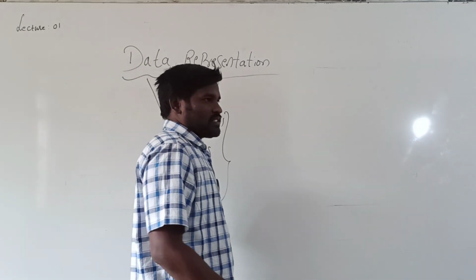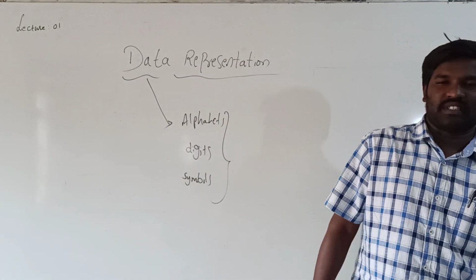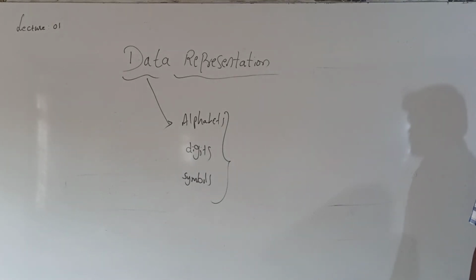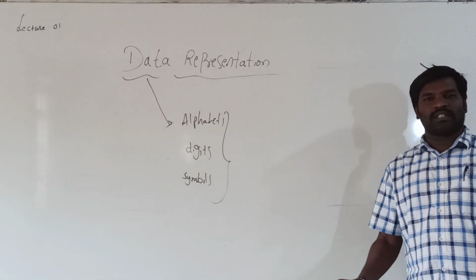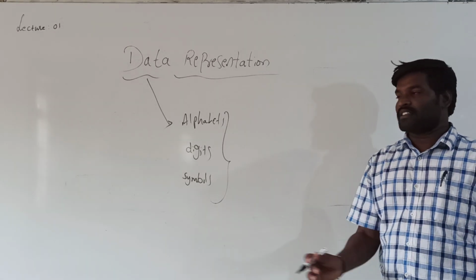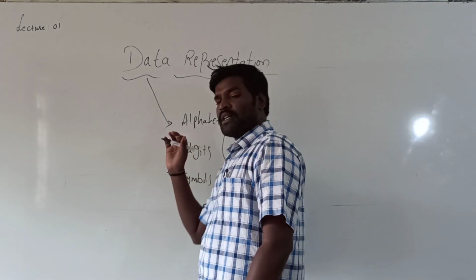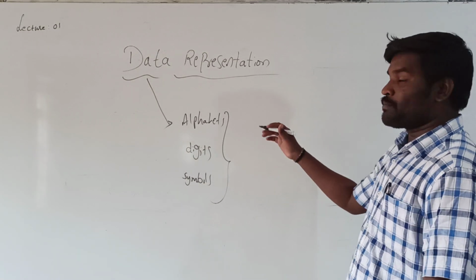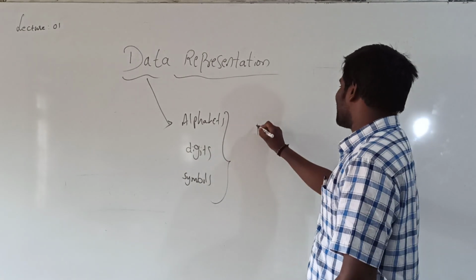The data representation mainly deals with how the data is represented inside the system. The data is stored in terms of binary digits. Whatever you enter, either alphabets, digits or symbols, can be stored in terms of binary digits.